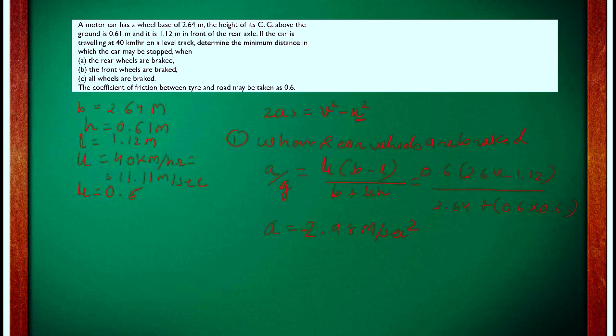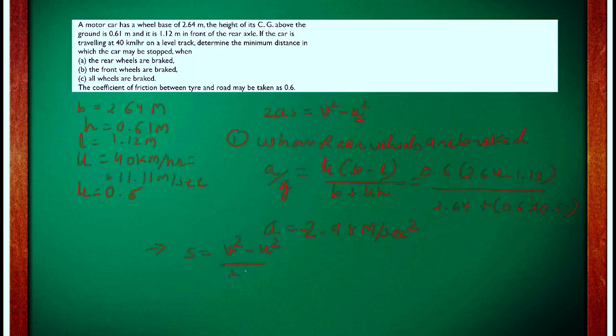So let's put this acceleration in the equation 2as. Ultimately s is equal to v square minus u square upon 2a. Here the final speed after stoppage is 0, minus 11.11 square, which is our u, divided by 2 into minus 2.98.